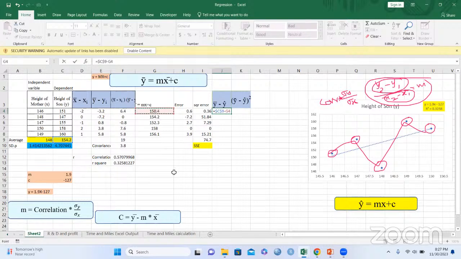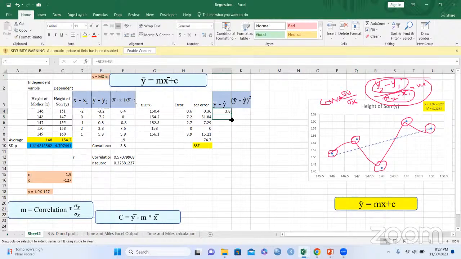So 150 is a predicted value. I've got different predictions. For the first prediction, the deviation from the average, second prediction, deviation from the average, third, fourth, fifth prediction, the deviation from the average. So here y bar is my average value minus y cap, so minus this particular value.